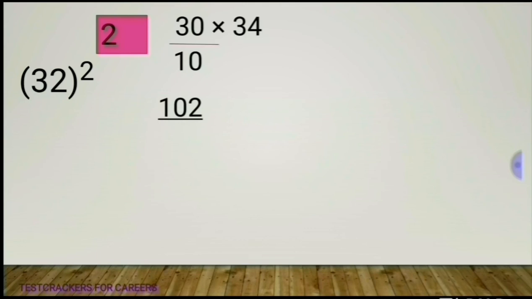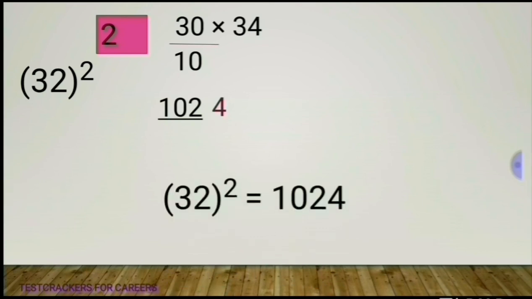Multiplying 3 by 34, we get 102 in the first part. For the second part, we square the difference, which is 2. 2 squared is 4, and 4 is a single digit. Here the base is 10, and we can write a single digit in the second part. So we write 4 next to 102. 32 squared is equal to 1024.